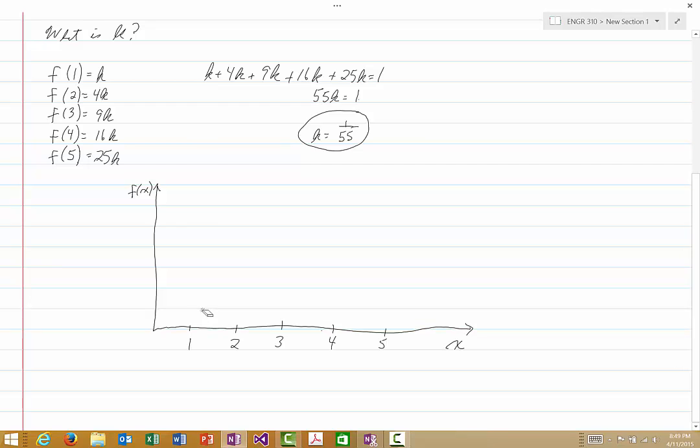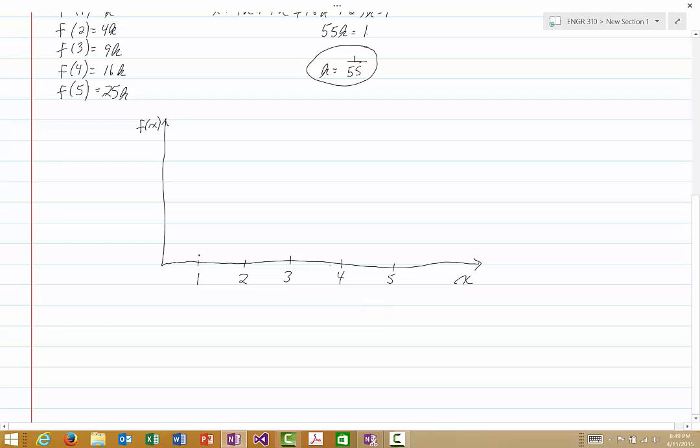Maybe I'll try to make it a little more to scale, so I'll put this maybe down here, and here that would be 4 and 9, and then 16, and for 5 maybe somewhere like this.